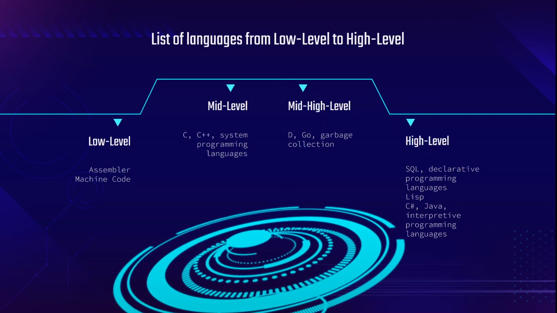The mid-high level, which is closer to high level, is going to be stuff like D, Go, and any garbage collection that you deal with. And at a high level, you're going to be dealing with interpretive programming languages, Java, Lisp, declarative programming languages, and SQL.